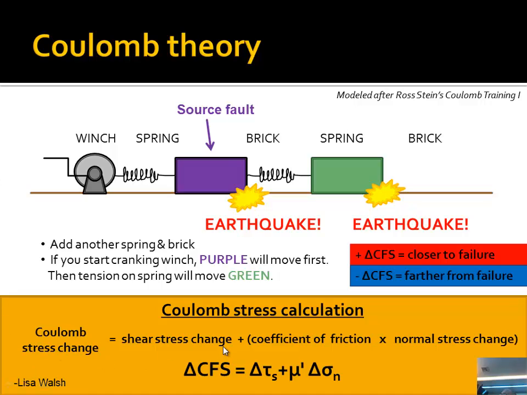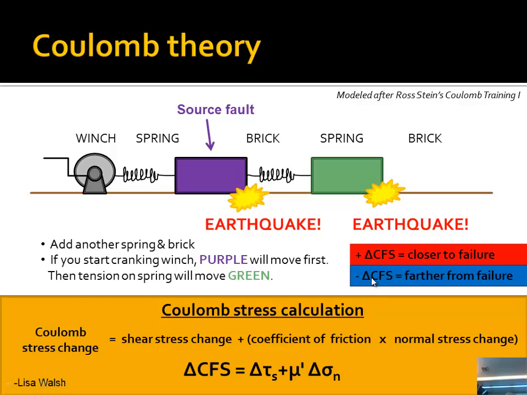And so the basic math of the Coulomb stress is that it's the change in shear stress plus the coefficient of friction times the change in normal stress. If this is getting higher, that means that the shear stress is increasing, or the normal stress, the strength, is decreasing, so it's closer to failure.